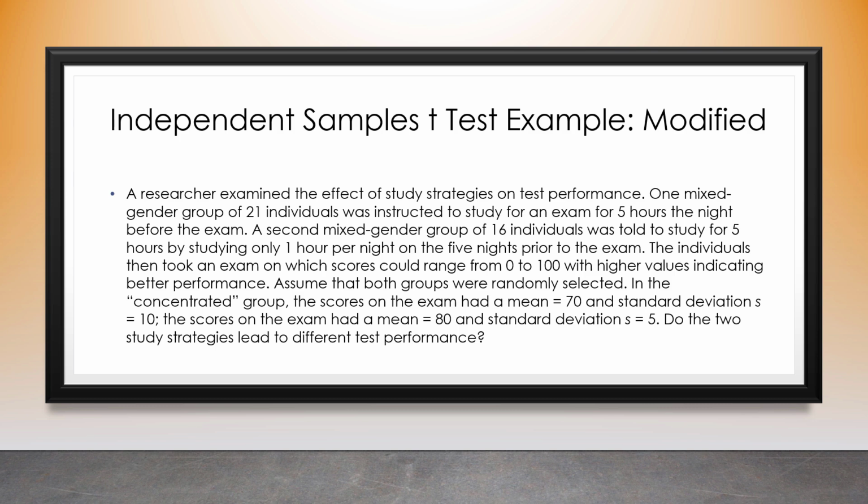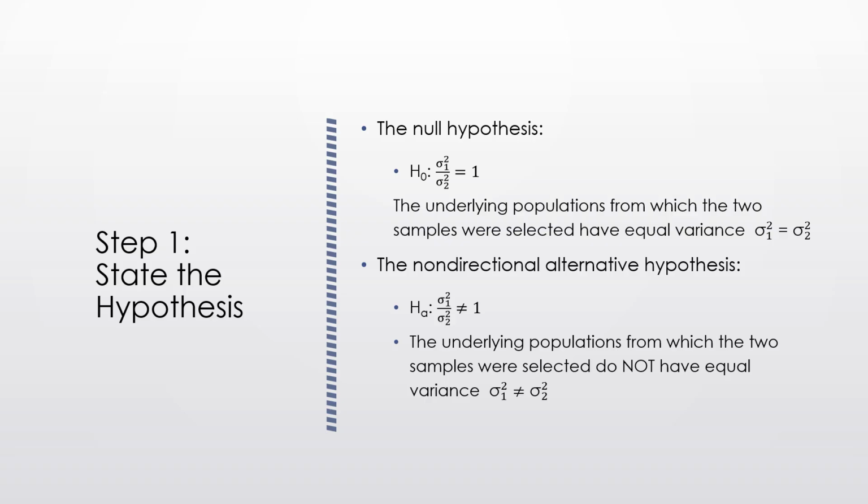In the concentrated group, the mean exam score was 70 with a standard deviation of 10. In the spread out group, the mean was 80 with a standard deviation of 5. To test whether the two populations have equal variances, we start with the hypotheses as the first step.